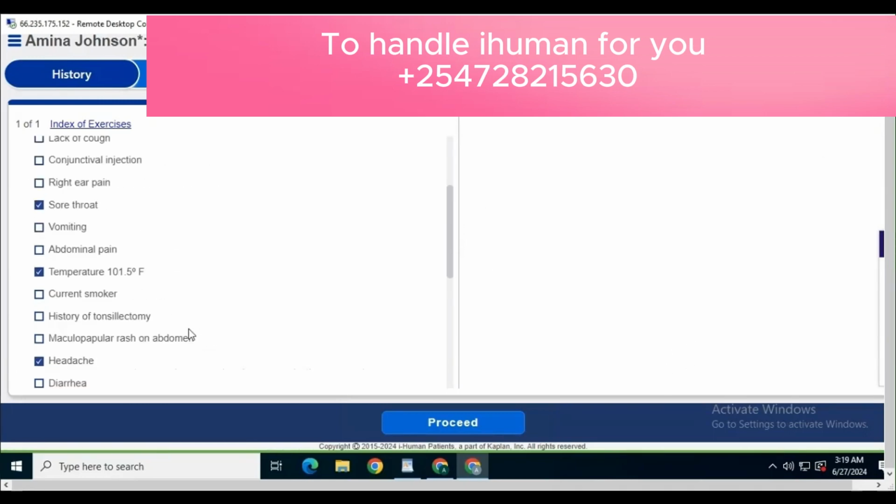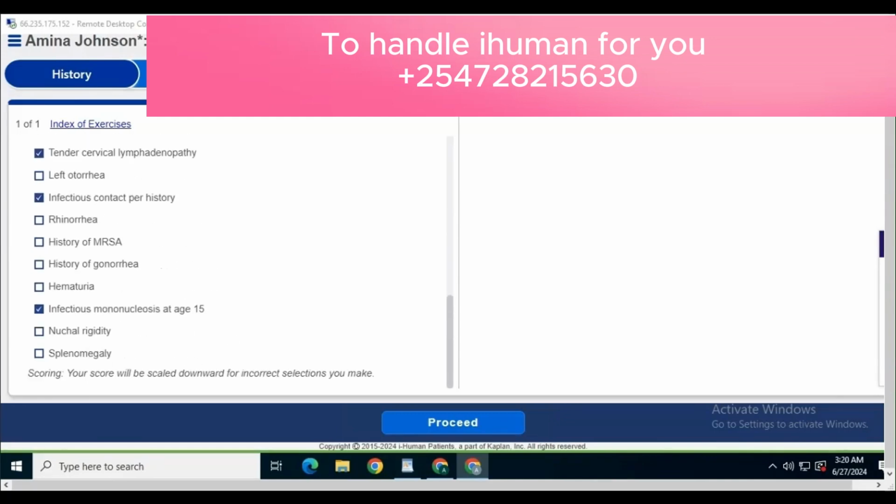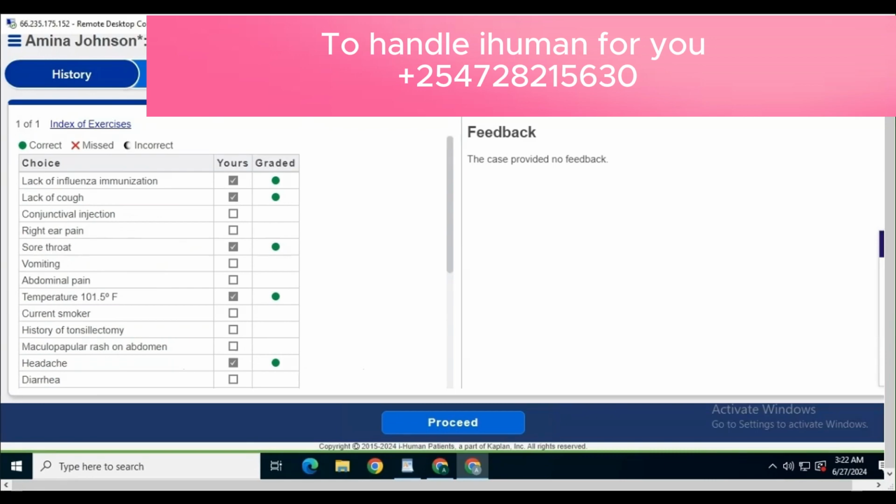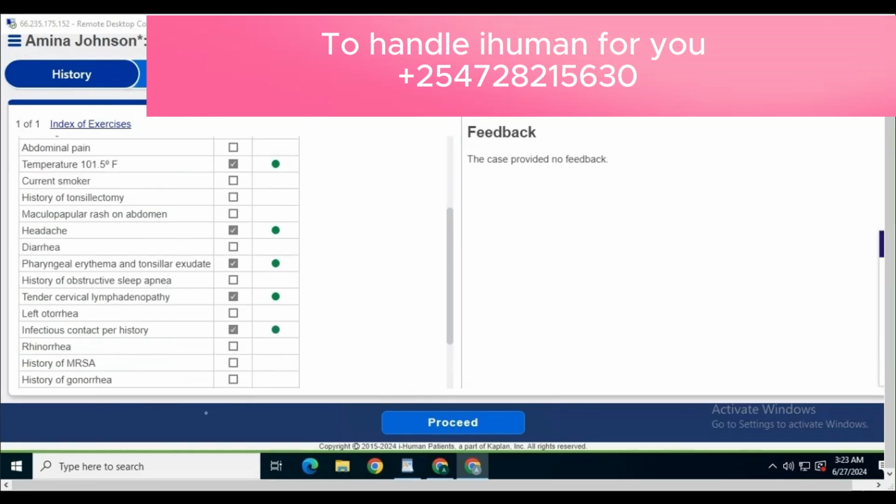So in this case, about 9 symptoms were required, and I identified all of them correctly. So once that was done, then you have to move to the next section, which is assessment.